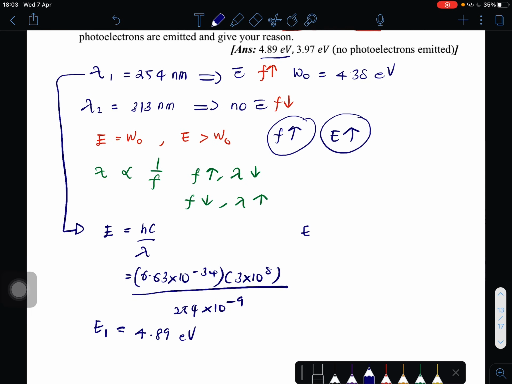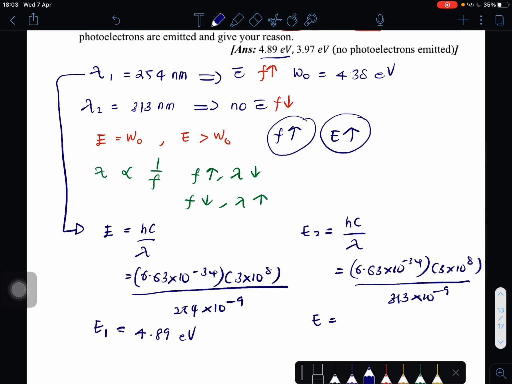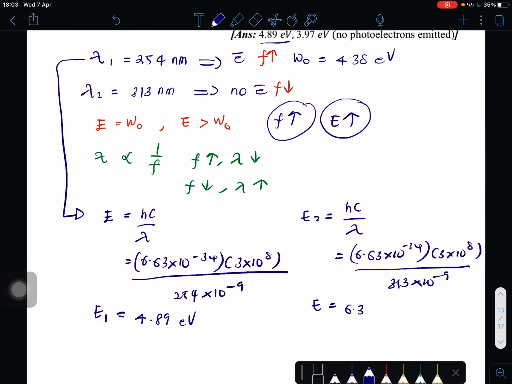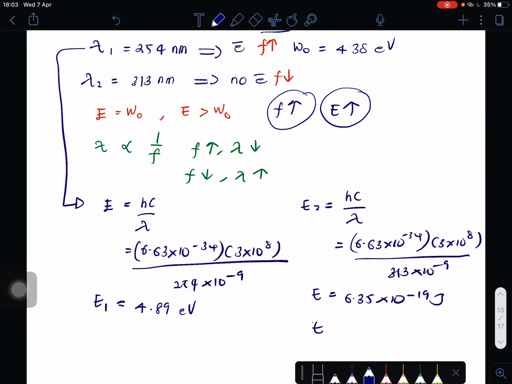And then the second one, gunakan formula yang sama, 6.63 eksponen negatif 34 times 3 eksponen 8 divided by 313 nanometer. So akan dapat 6.35 eksponen negatif 19 joule. So convert to electron volt, 3.97 electron volt.